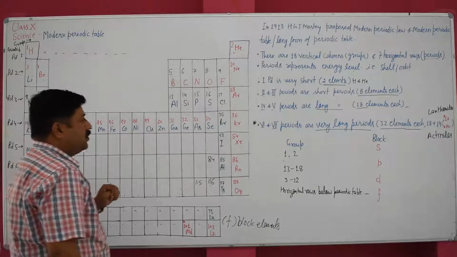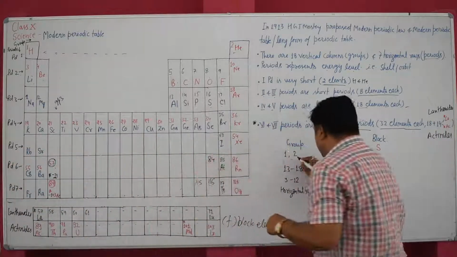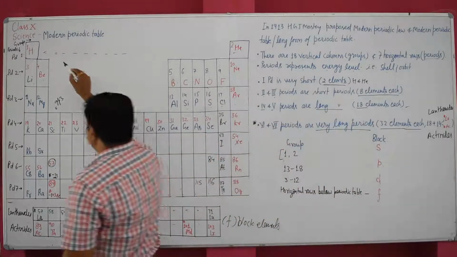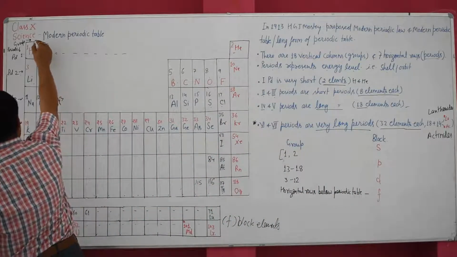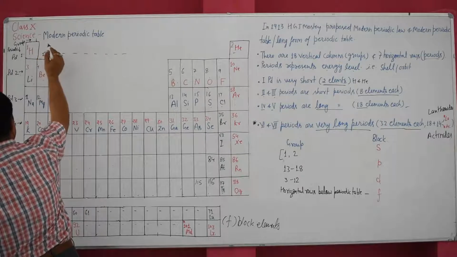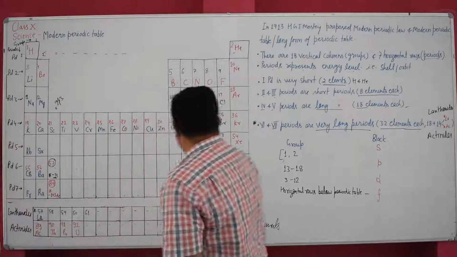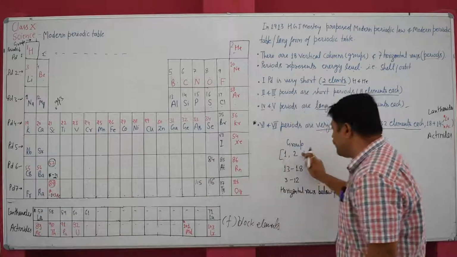Now group number 1 and 2, these group number 1 and group number 2, they are known as S block elements. They are known as S block elements.